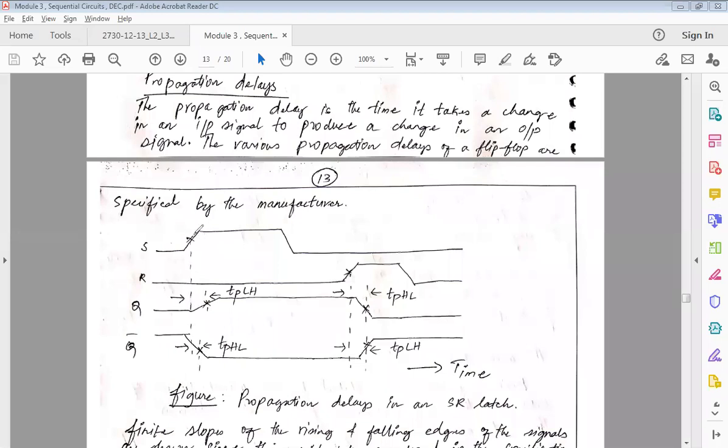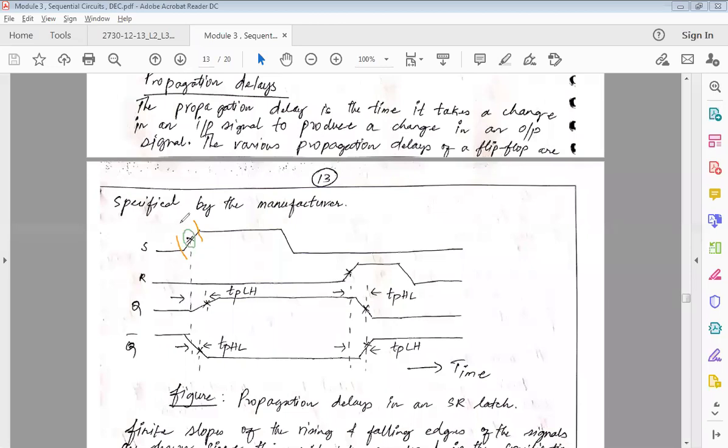Now I am marking a point here, which is the midpoint. Why am I calling it a midpoint? Because it is between my rise time, between the low value and the high value. So how do I find that it's a low value or a high value? This is my highest value, and this is my lowest value.